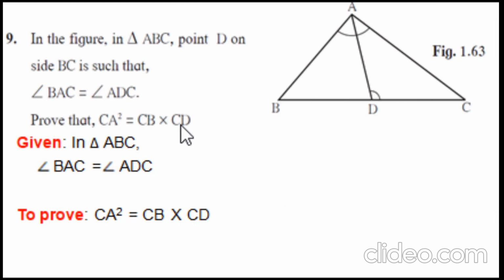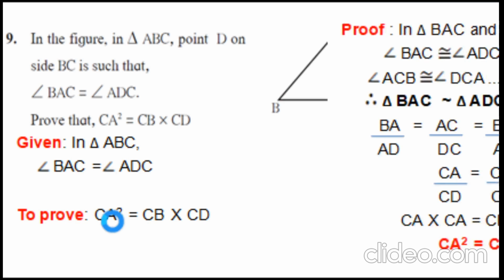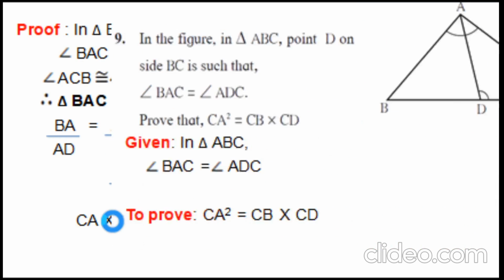Last question of this 1.3 practice set. Now we are given that in triangle ABC, point D is on BC such that angle BAC is equal to angle ADC. Then we have to prove that CA square is equal to CB into CD. So what is given, we are writing it. What is to be proved, we are also writing. Then proof.